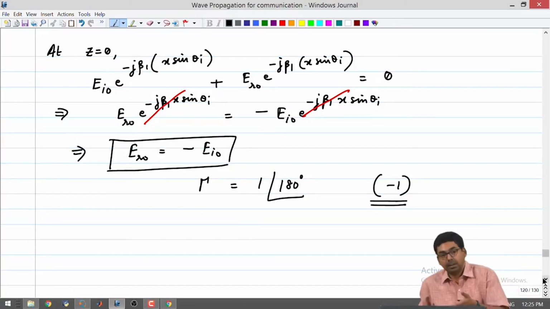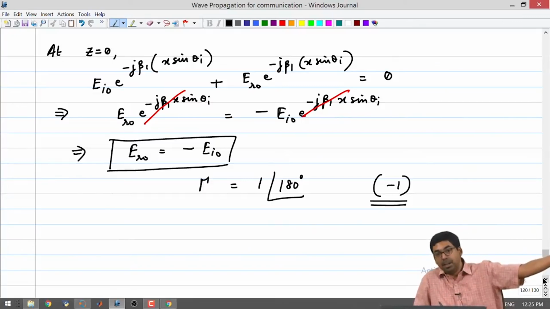Now, you can start drawing some analogy to transmission lines even here. You can remember with respect to transmission lines, when we were dealing with the Smith chart, etc., we used to draw the short circuit on the left hand side of the impedance Smith chart, and the gamma plane was such that gamma corresponding to short circuit was minus 1, and there it was the voltage reflection coefficient.